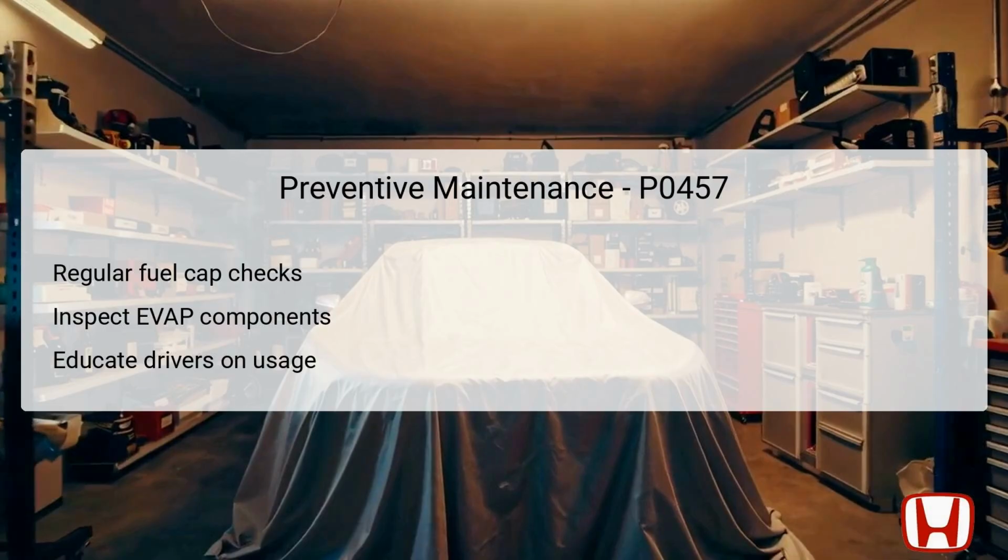Inspecting the condition of the EVAP components periodically will help identify any wear and tear before they can affect vehicle performance. Additionally, educating vehicle users on proper fuel cap usage, such as ensuring it clicks into place, can significantly reduce errors leading to system failures. Engaging in these preventive measures helps maintain vehicle integrity and compliance with emission standards.